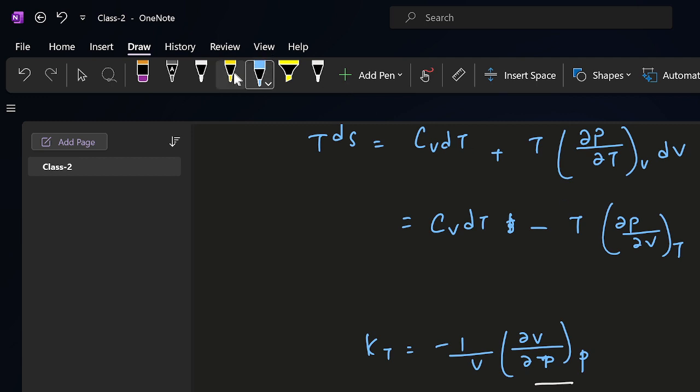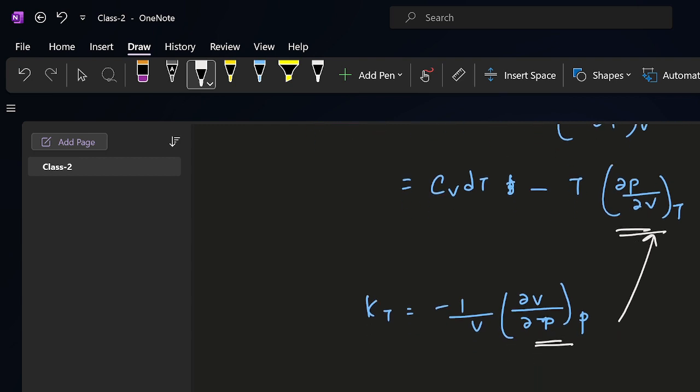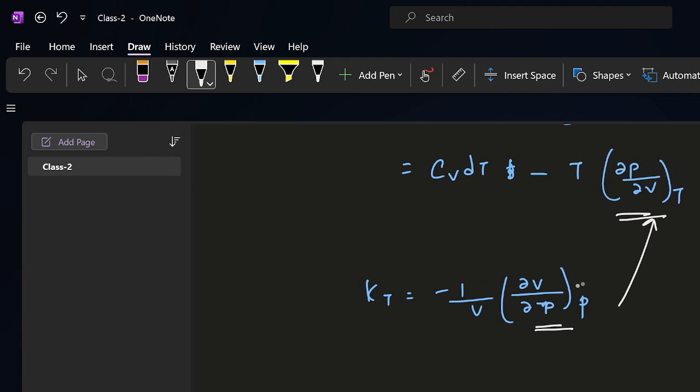Anyway, that makes sense, because del v del p is present in inverted form in the first term, and this part is directly present here. So you can simplify this whole term to get it in terms of alpha and kt. How?